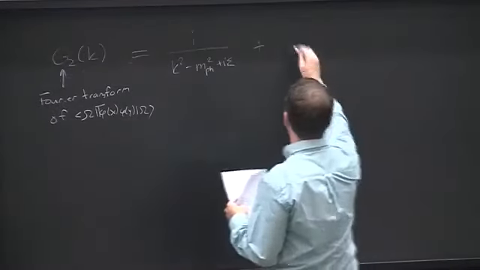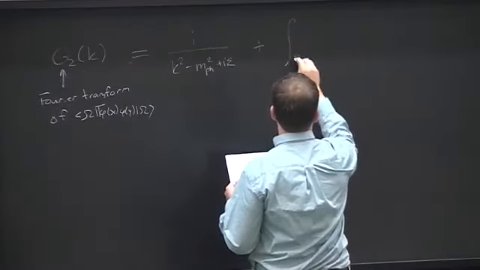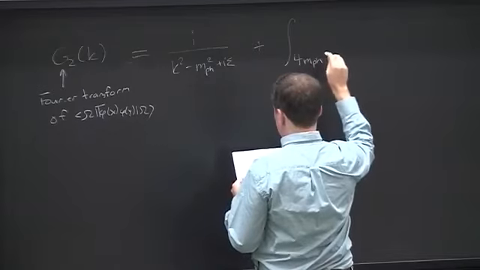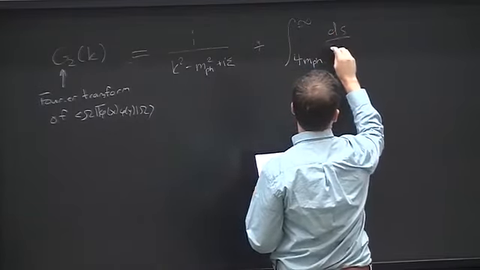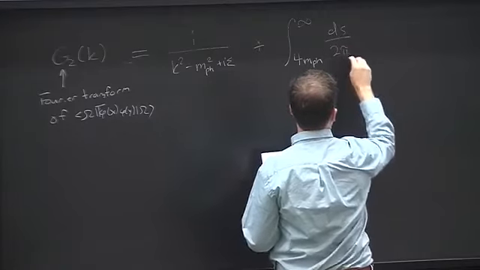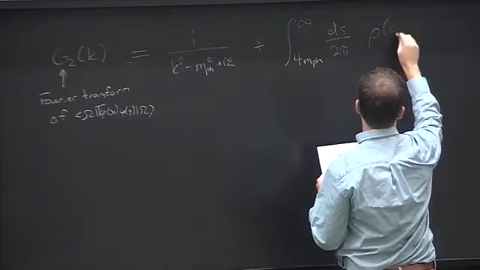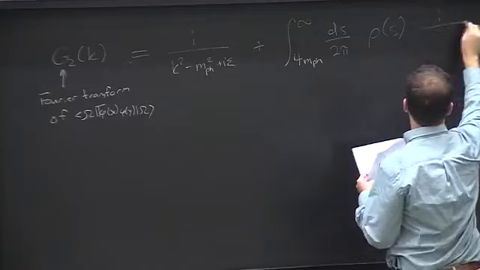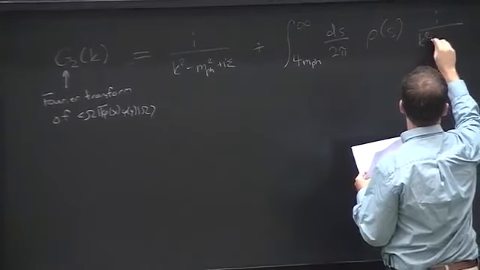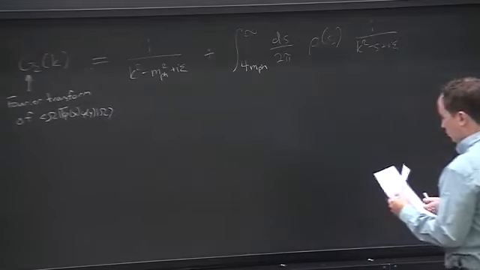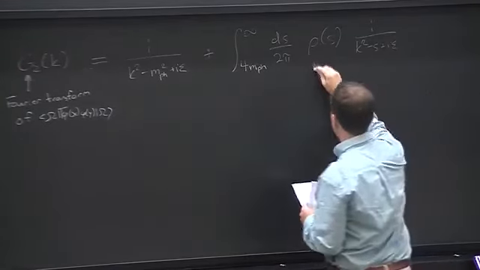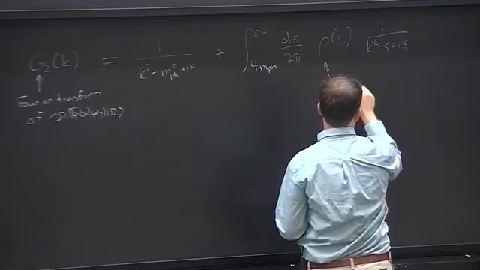There might be some extra contribution, so we'll get some extra term that looks like this, where this rho of s is what's known as the spectral function.